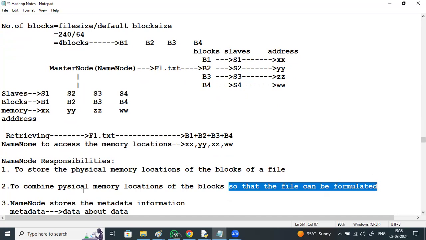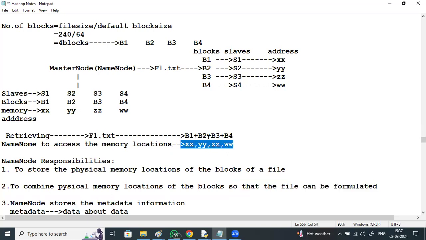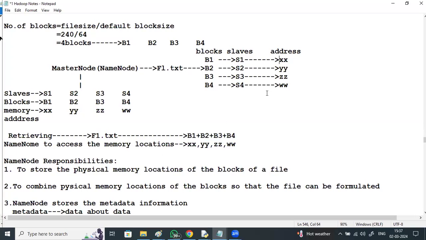To combine the physical memory locations of the blocks so that the file can be formulated.